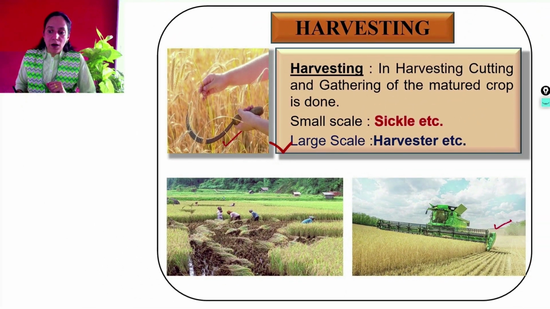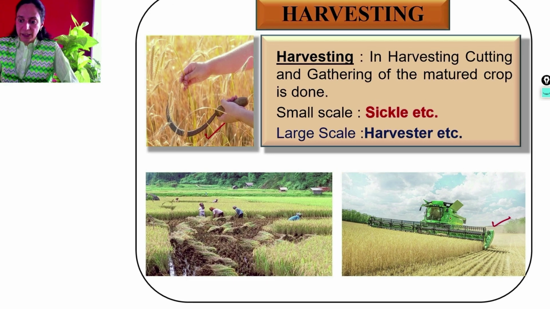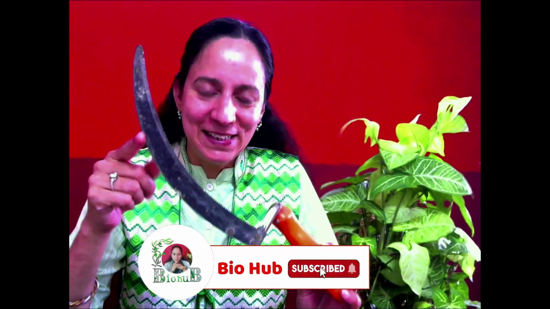And large scale farmers have highly sophisticated agricultural machineries like the harvester for cutting and some other purposes also. The harvester is visible in this picture. I do have basic agricultural tools at my place. So this is a sickle. I can't go for a harvester, but I have a sickle and it is used by a small scale farmer while harvesting.